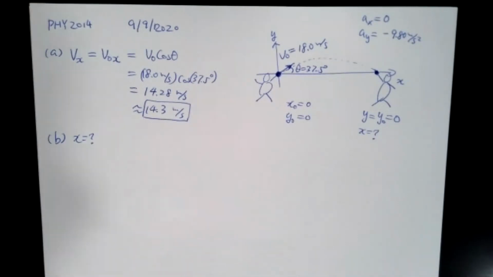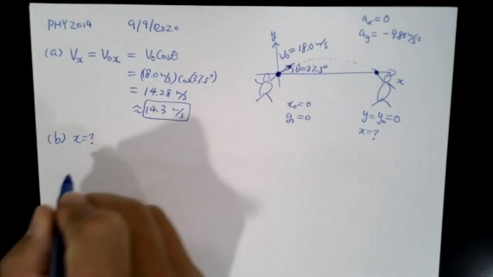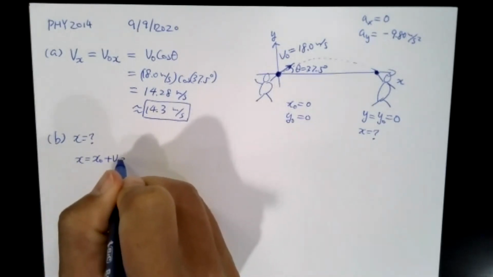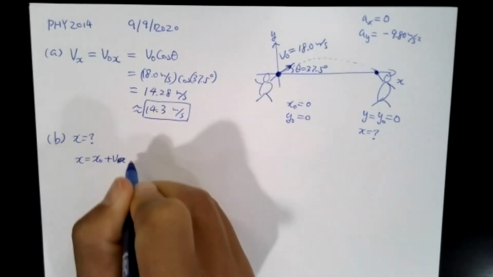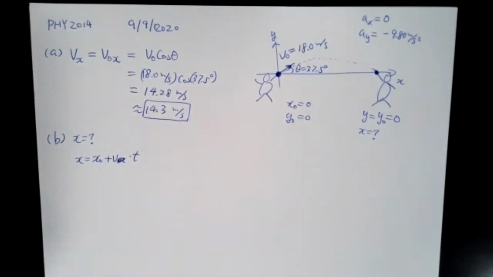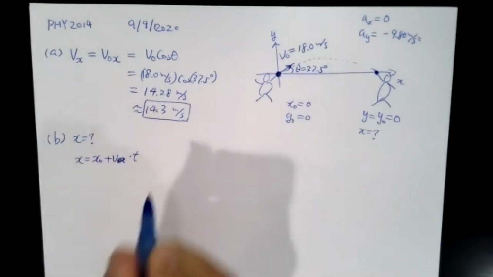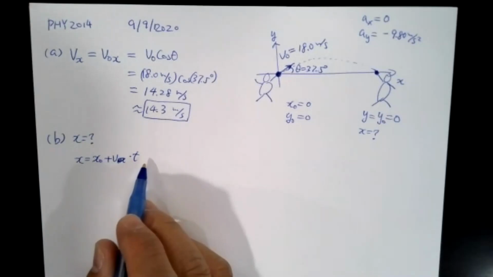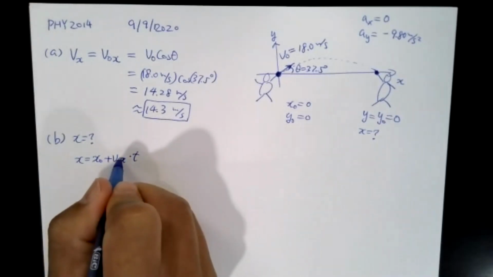You look at the equations of motion in the x direction, the ones that have x. This one has x: x equals x initial plus v initial x times t. Normally you would have another term with acceleration, but a_x is 0, so that term doesn't exist here.